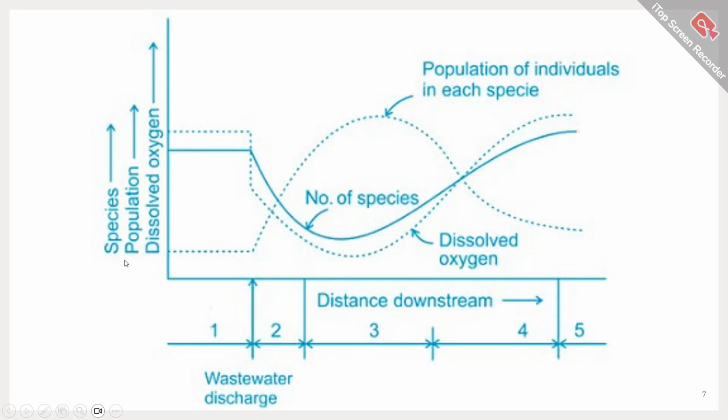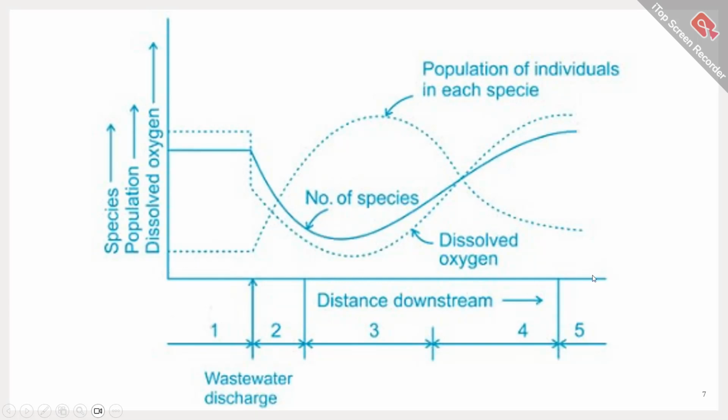So these are the different compositions present inside the river water. At x equals 0, the pollutant effluent stream is introduced into the river water from the municipality drainage system, or let's say any chemical plant.